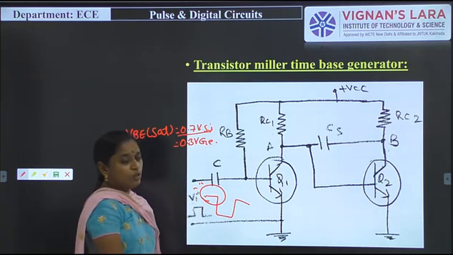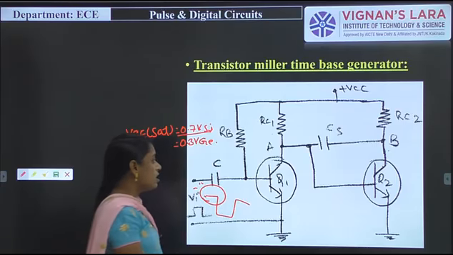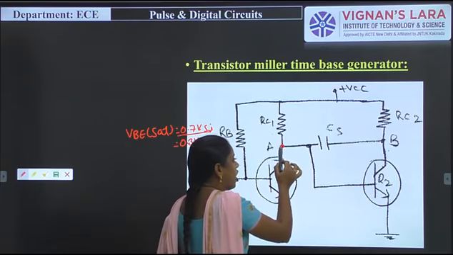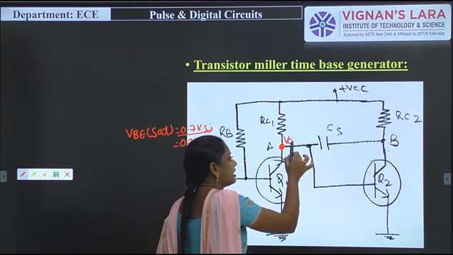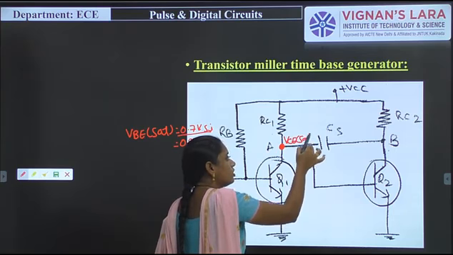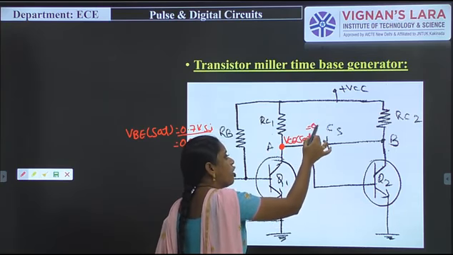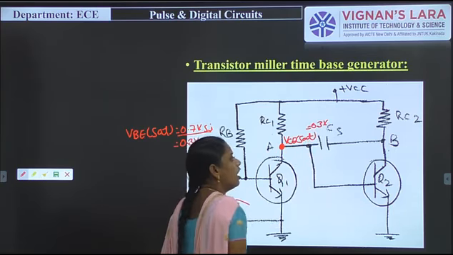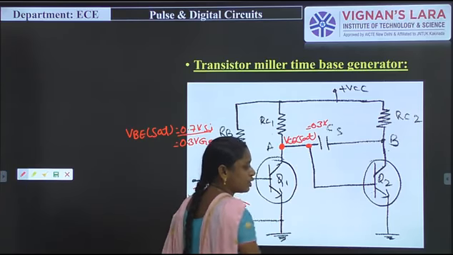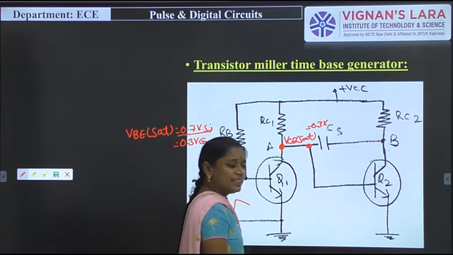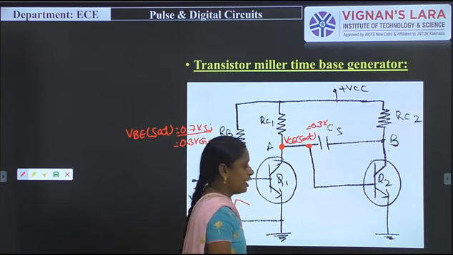When transistor Q1 goes to on condition, what happens? The voltage becomes VCE sat, which is generally 0.3 volts. This 0.3 volts is applied to transistor Q2. So transistor Q2 goes to off condition. Why?